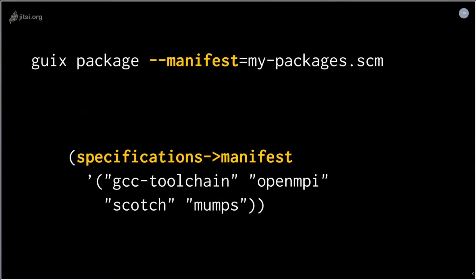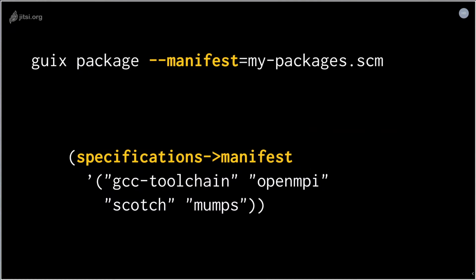So far, so good, but sometimes you want to collaborate with other people, and to do that, it's even better if you can just declare in a file what exactly you want to have in your software environment. In this example, I'm creating a mypackages.scm file that contains the specification that we see below.